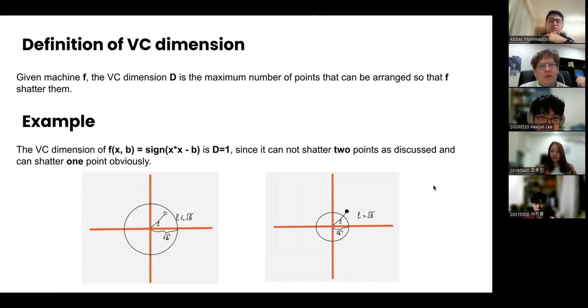This will give some intuition that in d equals to 1, we can find 1 point in a way that all the arrangements of it can be shattered. But in case of 2, we cannot find 2 points in a way that all arrangements can be shattered by the given learning machine.